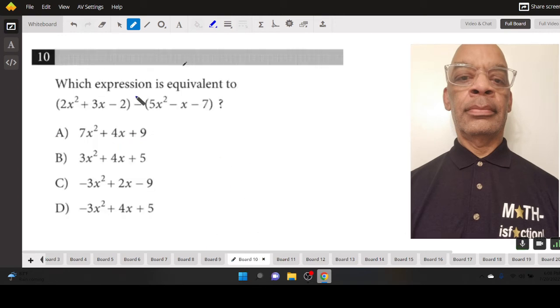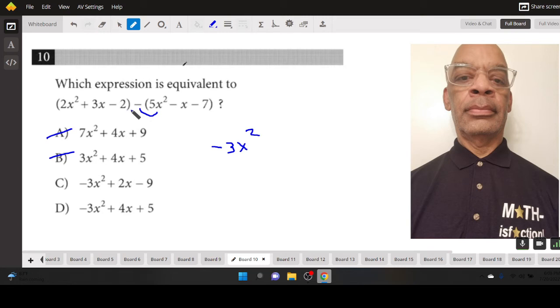Number 10. Which expression is equivalent to this given expression? Have a polynomial, and we're subtracting a polynomial from it. Distribute the negative sign. So 2 minus 5x squared will be negative 3x squared. Or 2 plus negative 5x will be negative 3x squared.